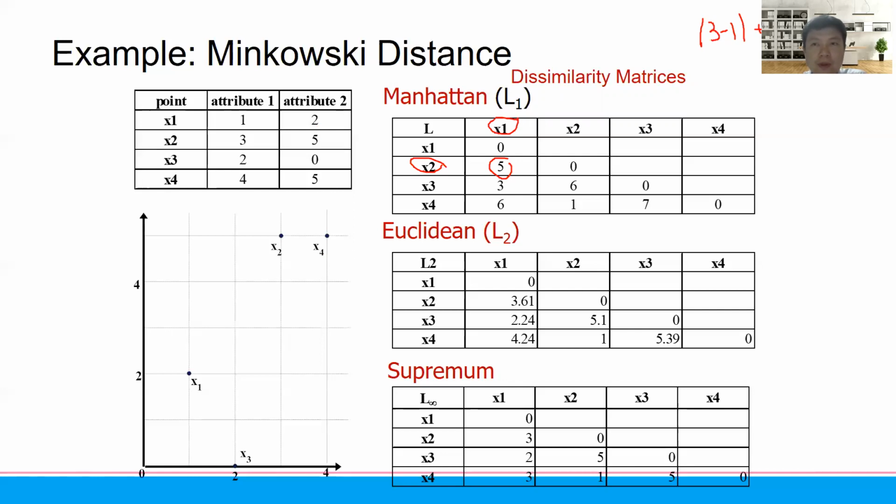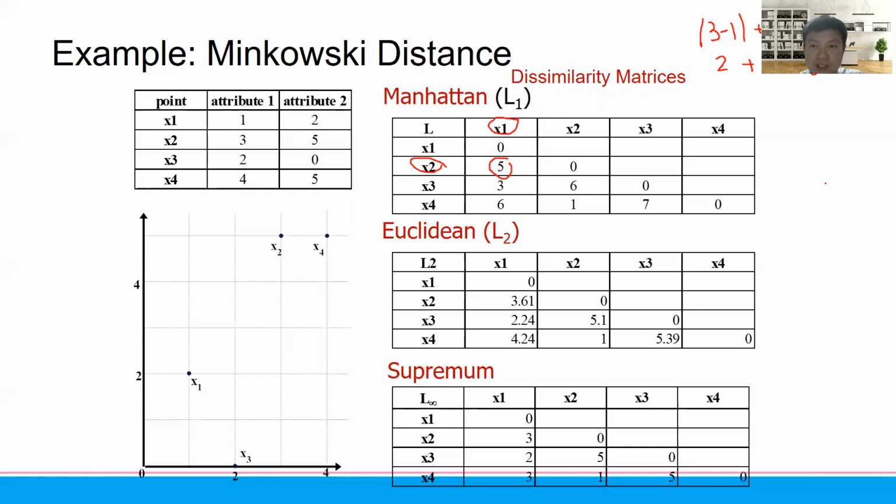Maybe I can make it the bigger one, 5 minus 2, and then you put the absolute. So the result here is 2 plus 3, and the distance between object 1 and object 2 is 5.